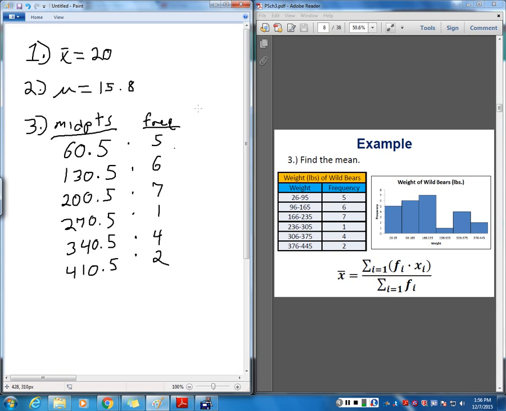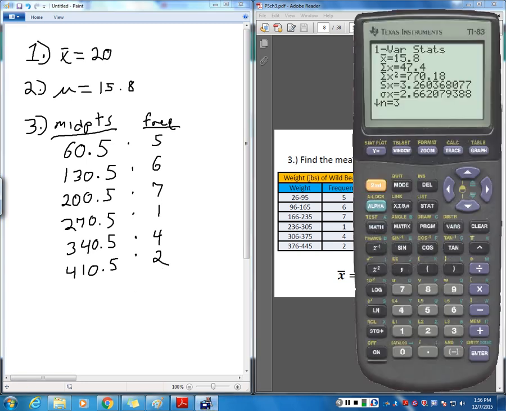Then when I find those products, I would add them all up and divide them by the total of the frequencies. However, the calculator actually makes short work of this.